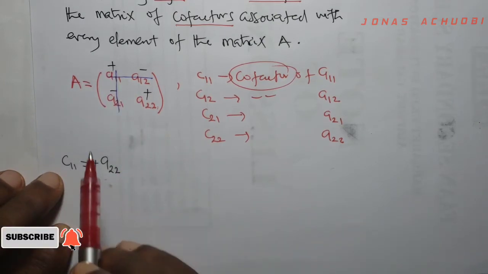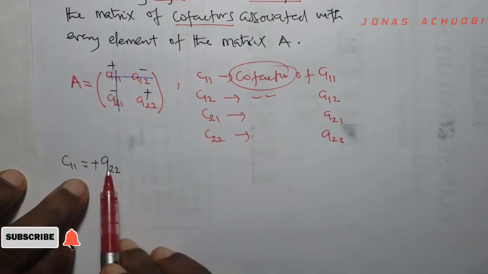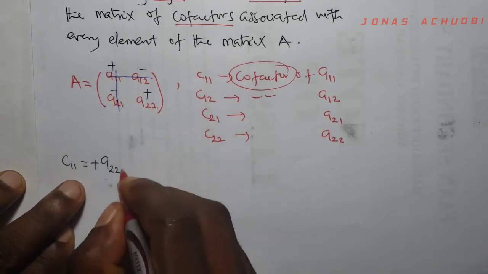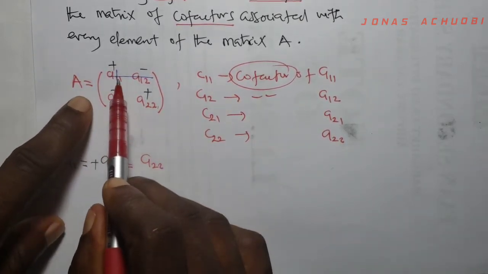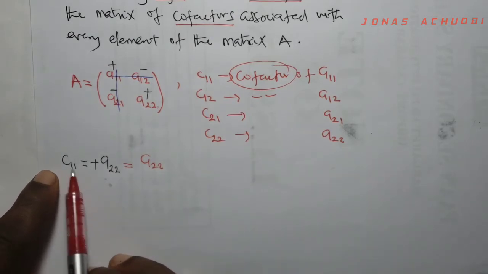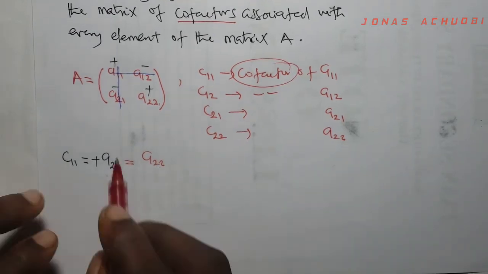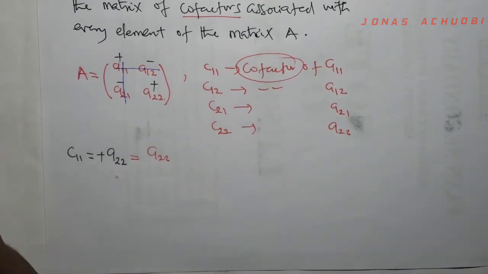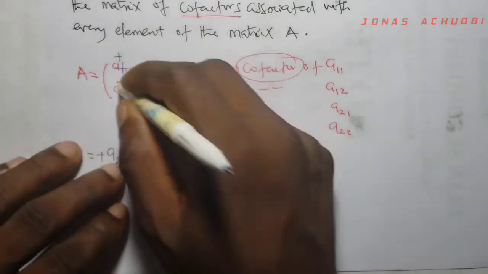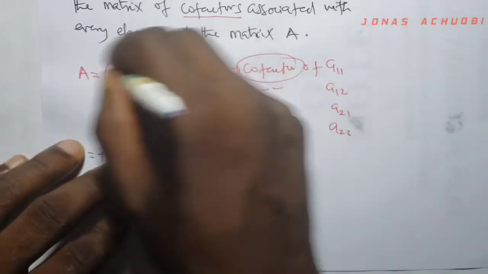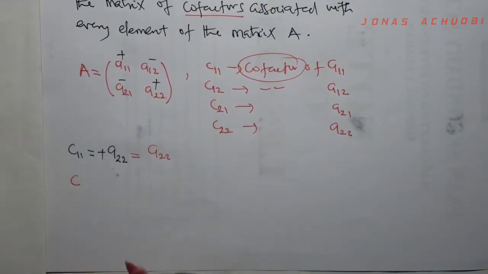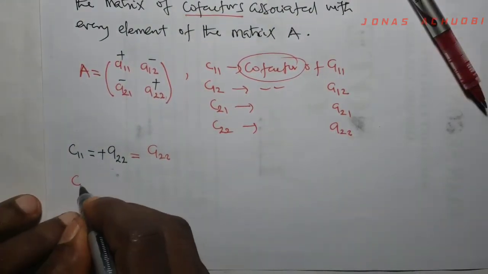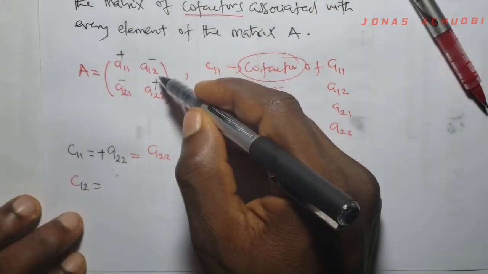So the cofactor of the entry A11 is plus A22, which is just the same thing as A22. So A11 has its cofactor C11, and C11 is A22. We can go ahead and find the cofactor of the next entry, which is A12. The cofactor C12 of A12 would be what?